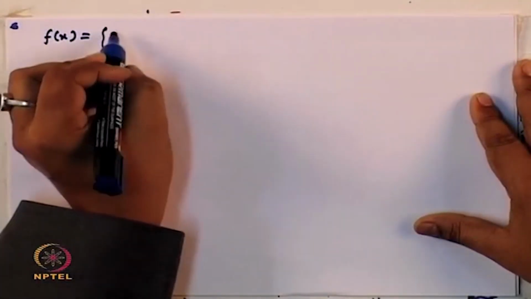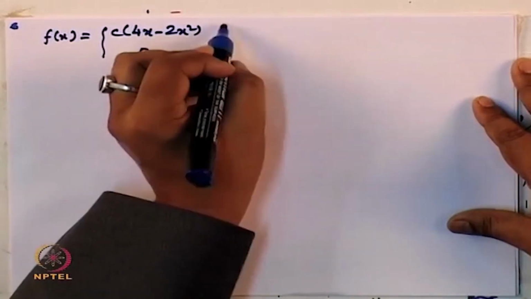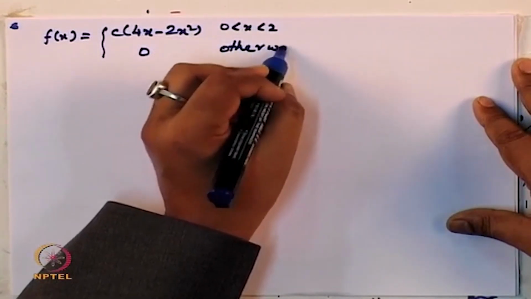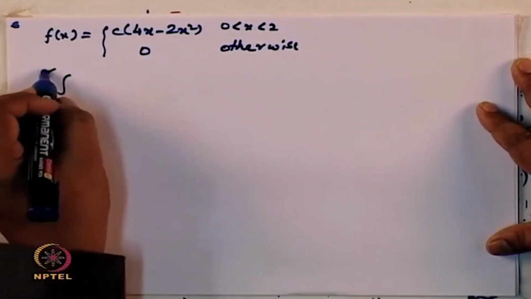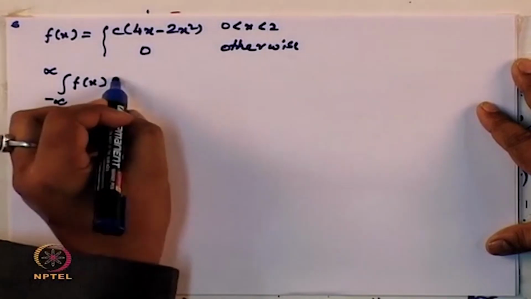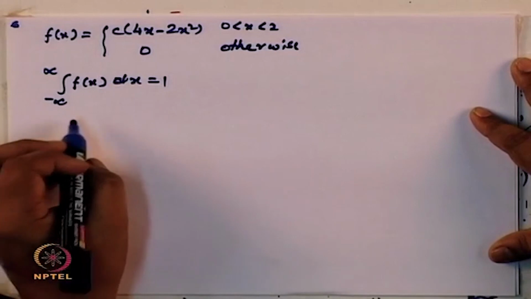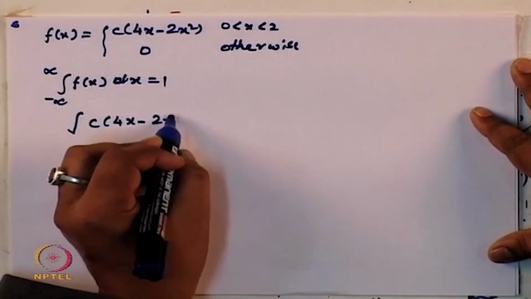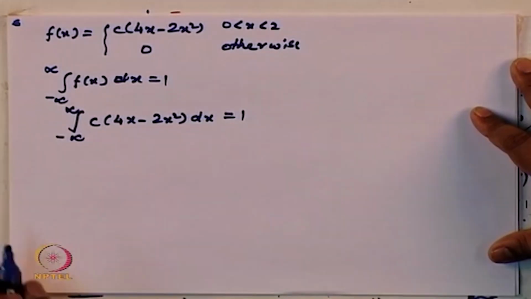So, I have been given f x. I must have this constraint satisfied under all conditions. Okay. I can plug the values here. So, I have the integral of c into 4x minus 2x square dx is equal to 1 from minus infinity to infinity. Okay.